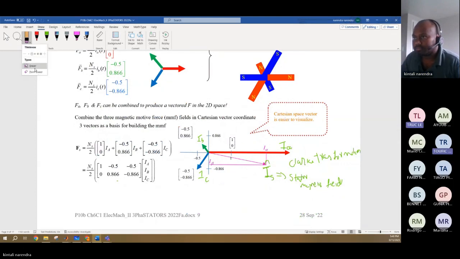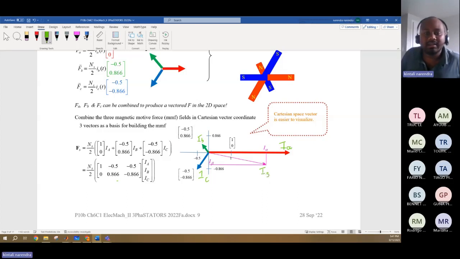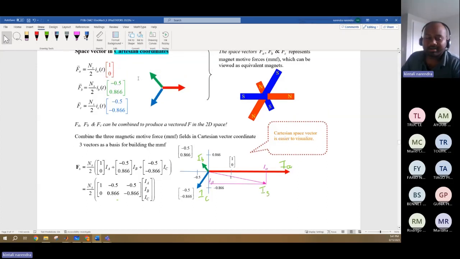Because of the Clark transformation, what I will find is, from this IA, IB and IC, three currents which are flowing, I can find I alpha and I beta, or I can find IS. This is IS, resultant stator magnetic current. This shows the most dominant one here, as Guna is asking, out of these three, when I apply the Clark transformation, I'll find out what is the main one.